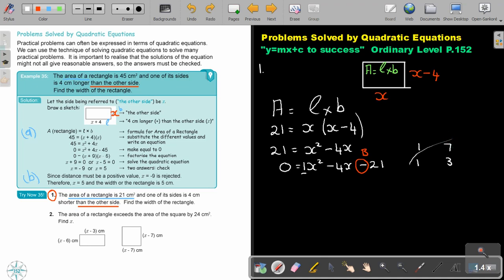And what will the signs be? Different, and the biggest one will get this sign. So what will this sign be? Positive. What will this be? X, x. So then this is going to be x minus 7, x plus 3. So let's just solve this.